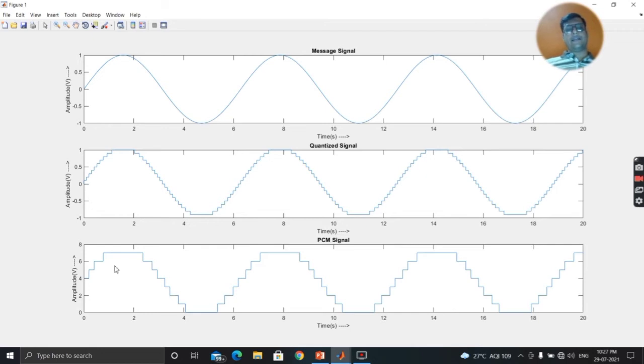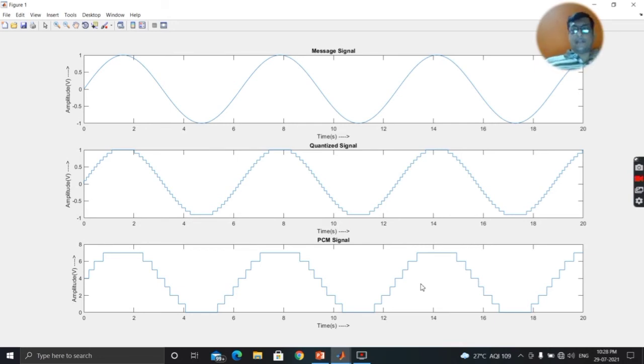Now if I take this particular PCM signal, it is represented with binary data. So this is the basic waveform. This PCM is represented with binary data, and the binary data is going to be transmitted, and it can be represented in different ways.